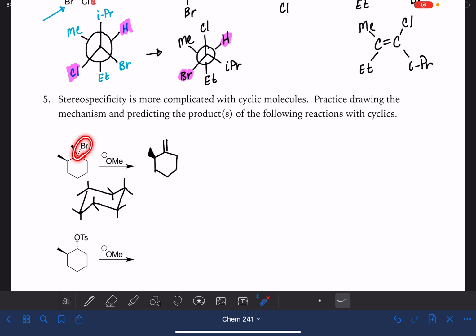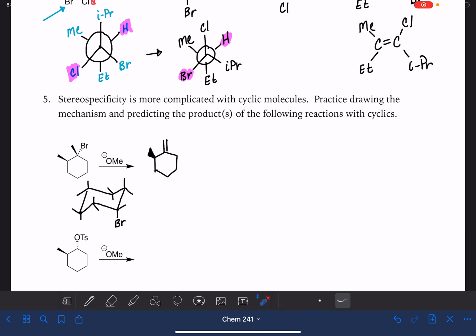For me personally, I always interpret a dashed bond as a down bond. So that means I want my bromine in any one of these down spots on the ring. And because this is an elimination situation, I specifically want my bromine down axial. So I'm going to go ahead and put the bromine right here.